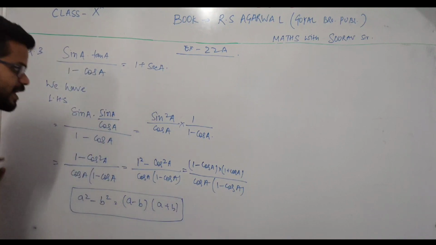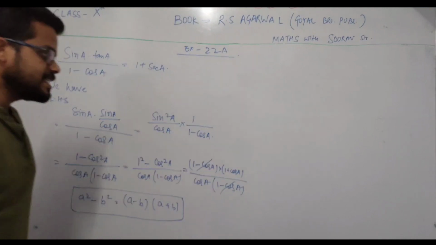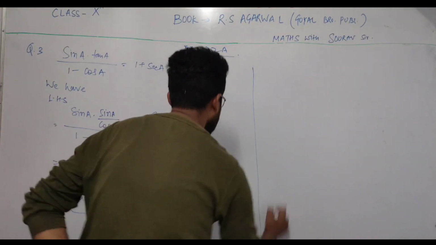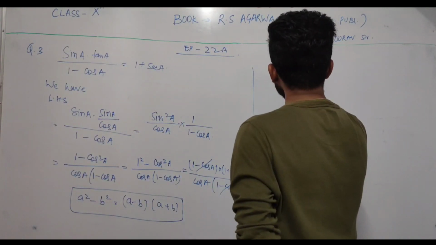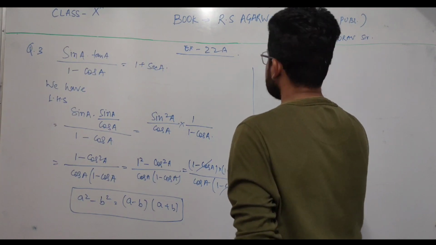Then 1 minus cos a and 1 minus cos a cancel out, and the remaining part is 1 plus cos a upon cos a.